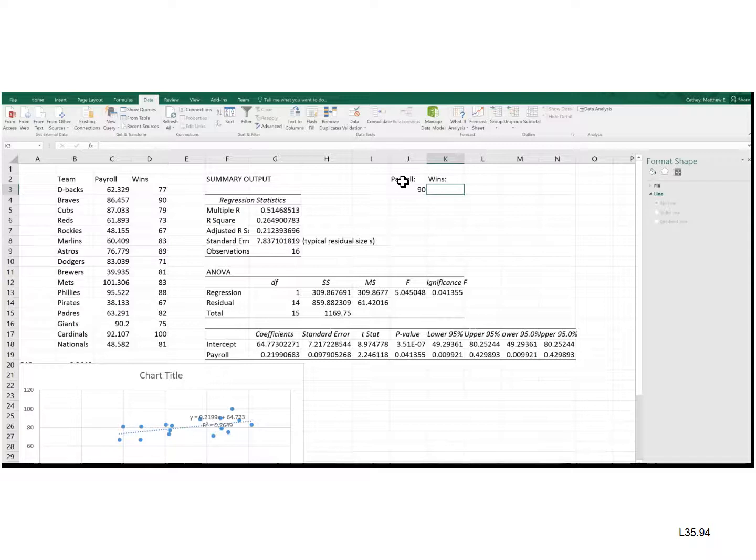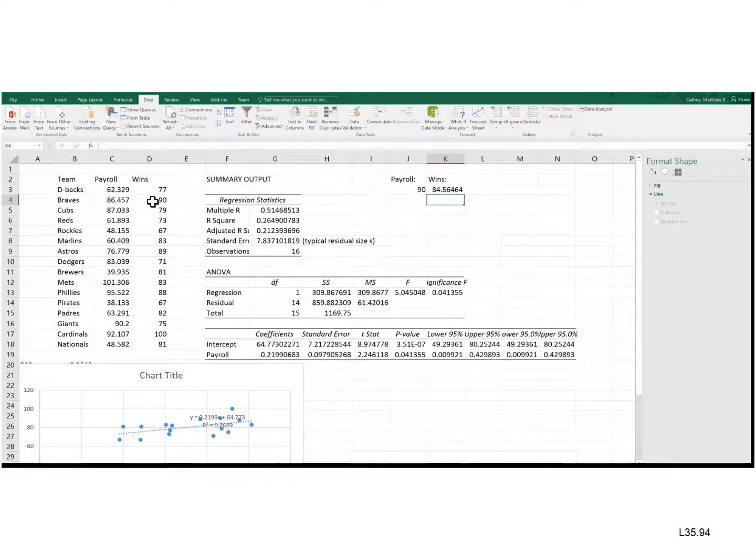Well, the number of wins we would expect is the intercept, that's the coefficient on the intercept down here, plus the slope, it's 0.2199, times the x value. So we would predict a number of wins of 84.56464.